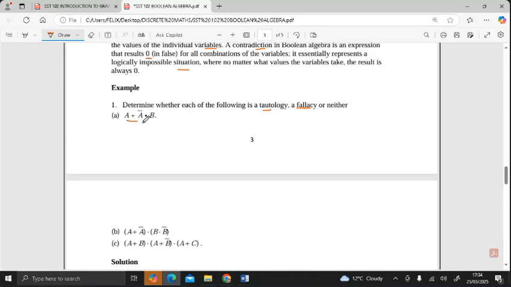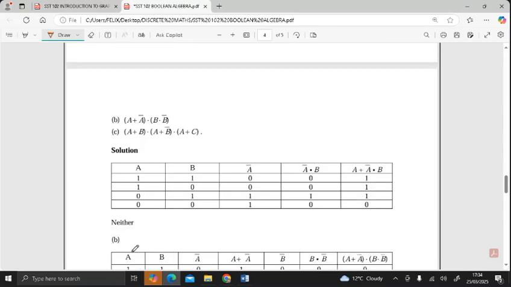You can see this. You're asked to determine whether each of the following is a tautology, a fallacy, or neither tautology nor a fallacy. In this case, we have the first expression to be that, the second one is that, and the third one is that. And what do we do in this case? Simple. How many variables do we have here?